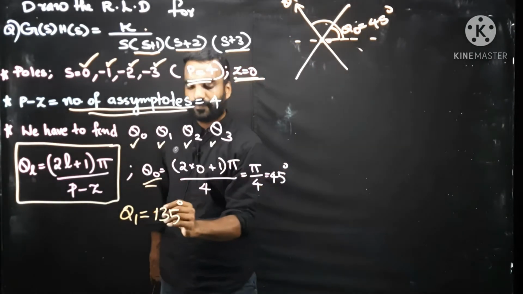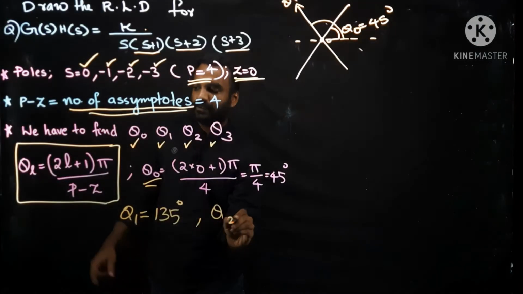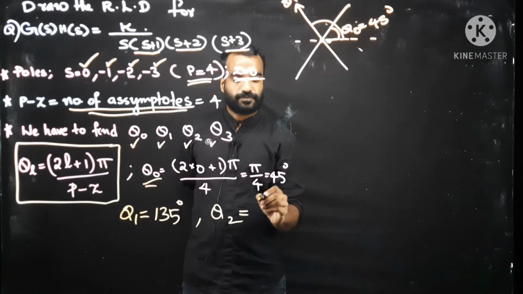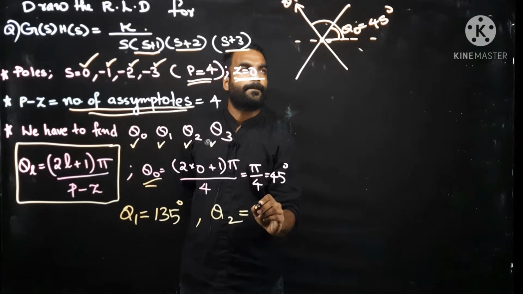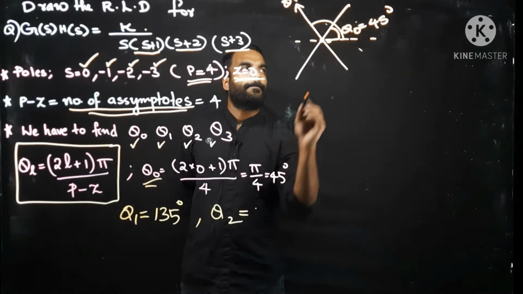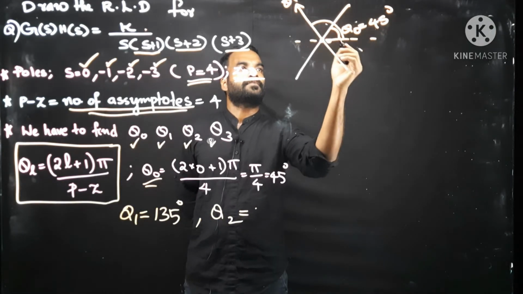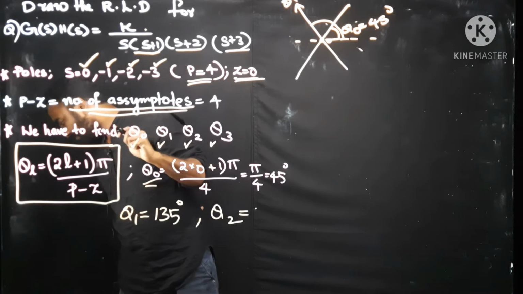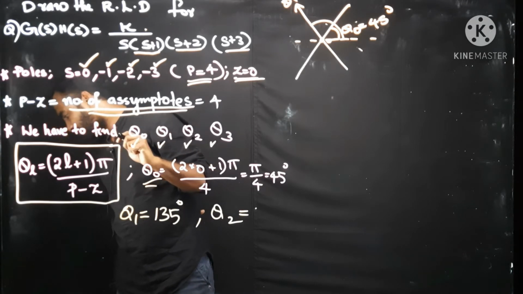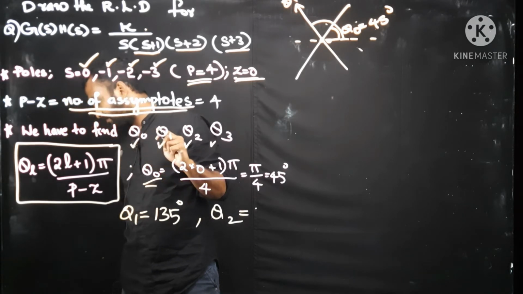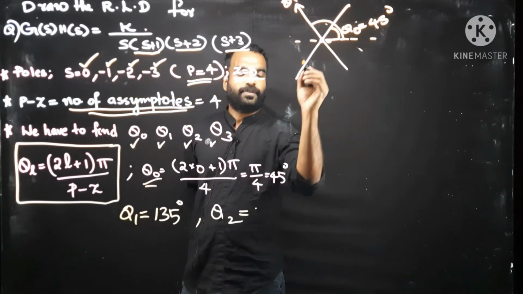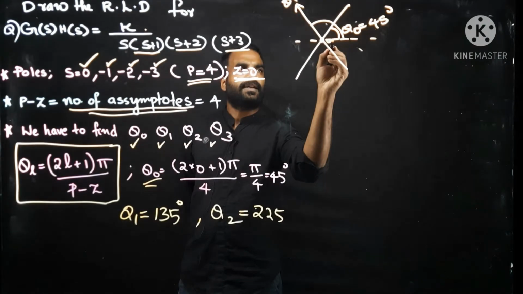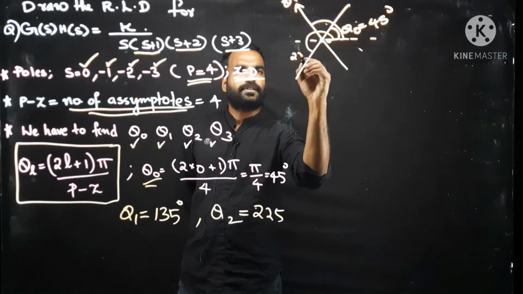And what will be theta 2? Substitute L is equal to 2. You will get 45 plus 90, 225. This angle will be 225 always.